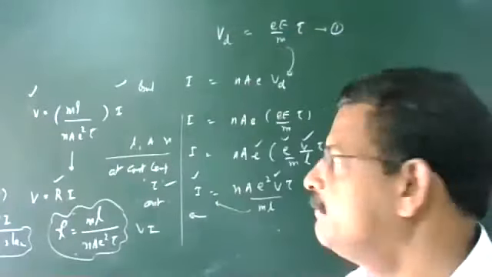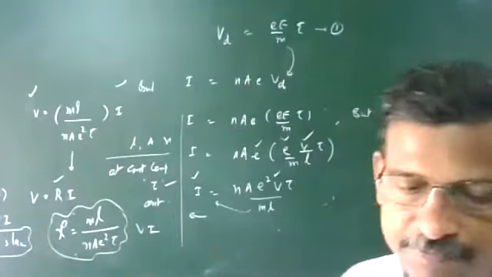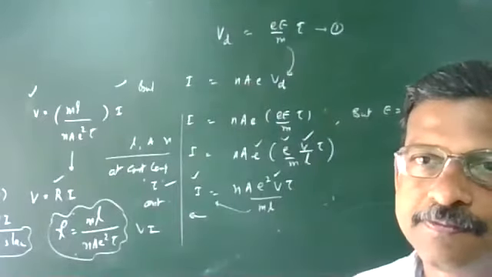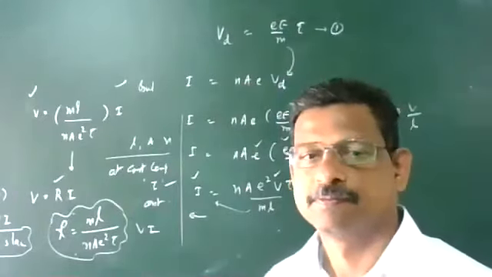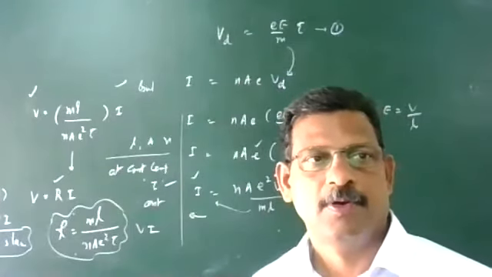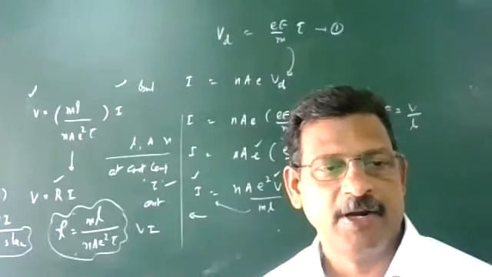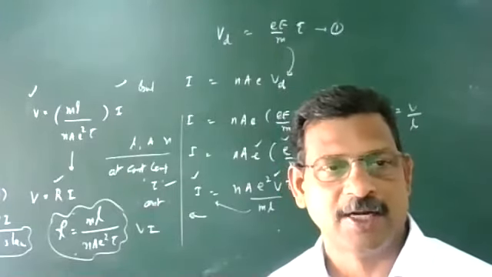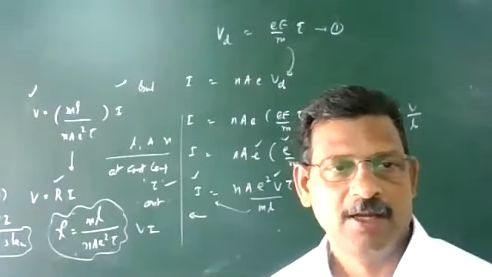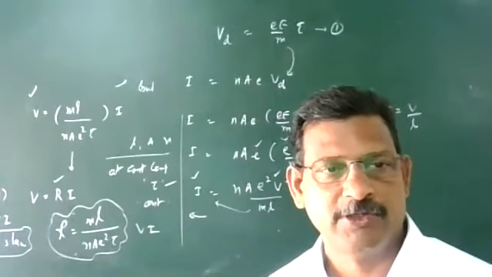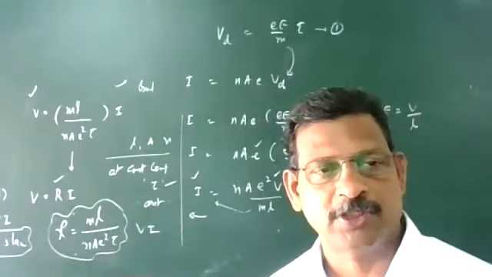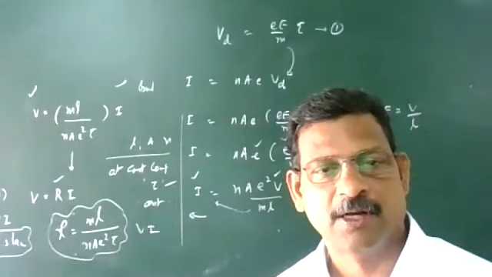All of you done the copy? R equal to mL divided by nAe²τ. For a given conductor, when you say given conductor, a copper, length change नहीं हो रहा है, area of cross section change नहीं हो रहा है, number density of electron constant, length, area constant for a given conductor.